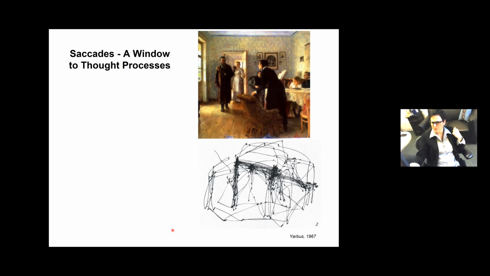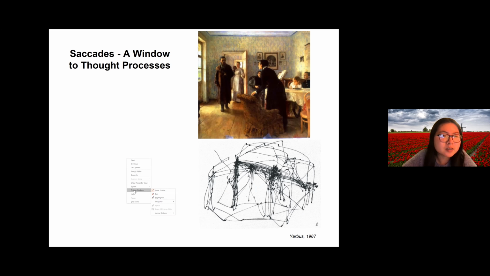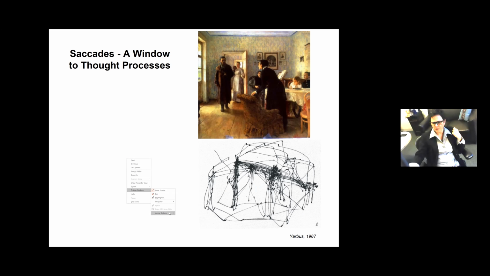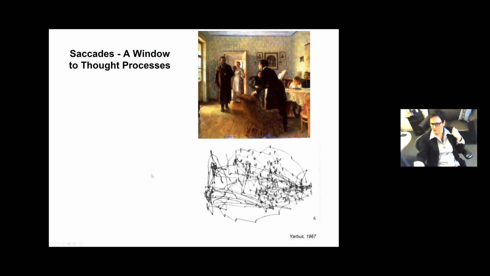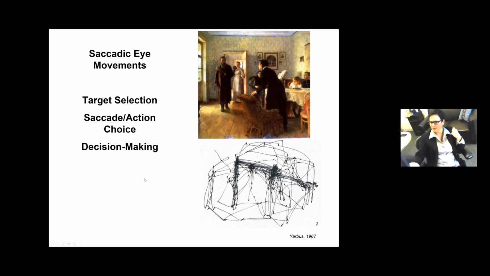Although it doesn't move around as smoothly as the cursor does, so I'm wondering if I shouldn't use it. Yeah, we can see the cursor as well. I think I'm going to stick with the cursor if that's all right with you. If I can get out of this now. I don't know how to do that. Yeah, if that's all right with you, I'm going to stick with the cursor because it moves better. Can you see it? Yeah, okay, great.